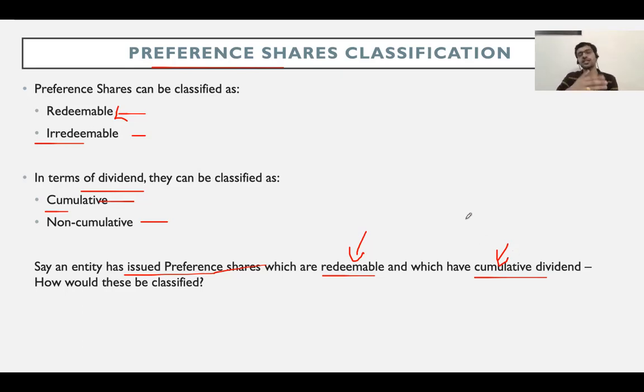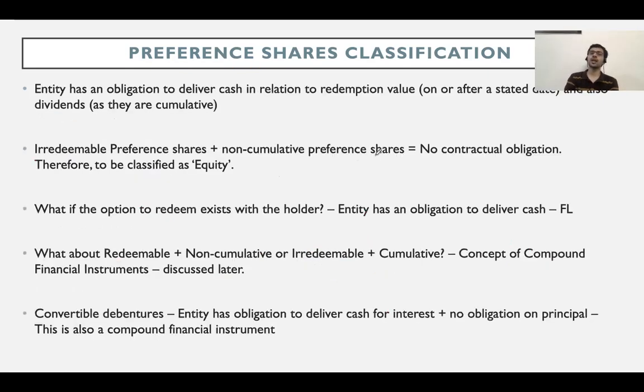It's being treated as a financial liability given that you have a contractual obligation to deliver cash, both in terms of your redemption value and in terms of your dividend payments. So redeemable and cumulative preference shares are going to be treated as financial liability and not as equity anymore under Ind AS or IFRS.